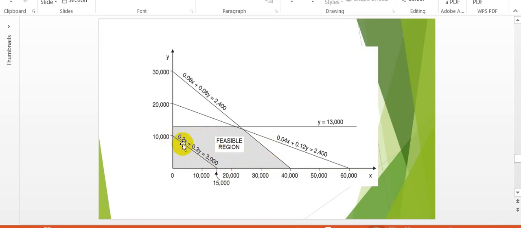Push that ruler outwards. We find a point at which the ruler leaves the feasible region. The last point of leaving the feasible region is the point at which our objective function will be maximized.